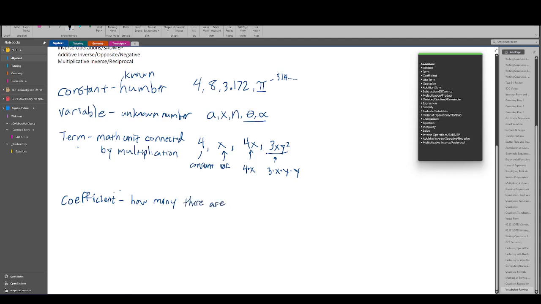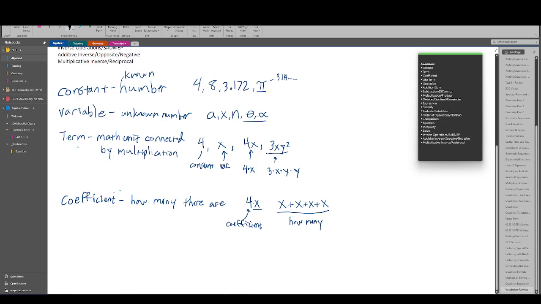For example, if we had 4x, which we know is a term from the previous one, we call this part the coefficient. Think of it as if this term has a size of x. That's how big it is, and it's 4 times that much. If I think of those as separate x's, it's like x plus x plus x plus x. The things are x big, and there are 4 of them. So it's how many there are.